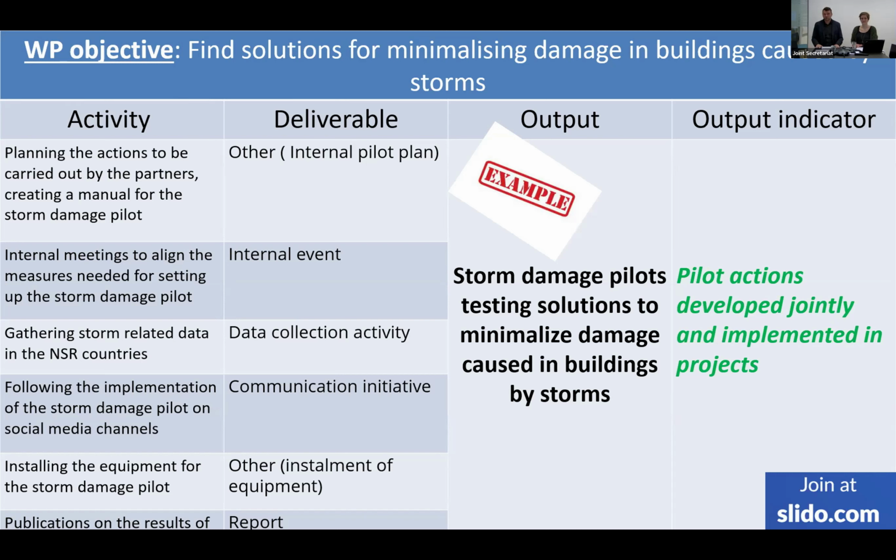The output corresponds, as we said previously, to the work package objective. This is what you want to achieve concretely. Storm damage pilots testing solutions to minimize damage caused in buildings by storms. And you choose the predefined output indicator, in this case, pilot actions developed jointly and implemented in projects.